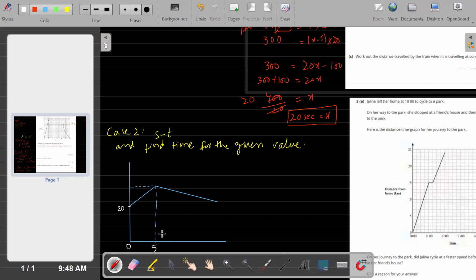Now it says calculate this velocity. This v or s, it is a speed time graph, same way, meter per second, and this one is time. Is it clear, Fatma? Now it says calculate this value.